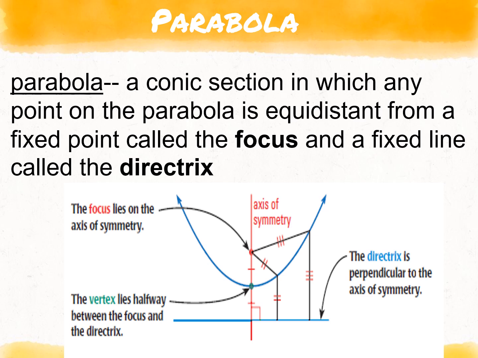But what's new in this video is talking about the distance from the vertex to the focus and the distance from the vertex to this new line called the directrix. Those two distances are going to be equal. So if you know one of them, you'll know the other one.